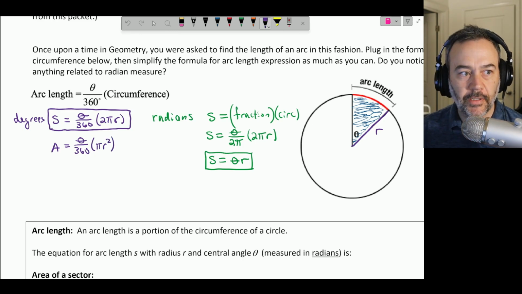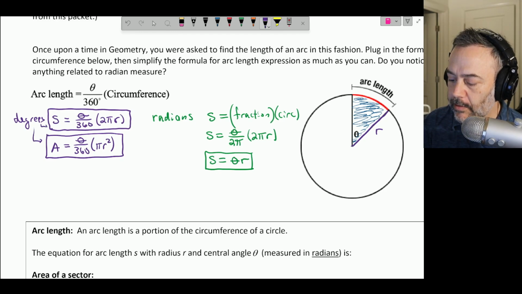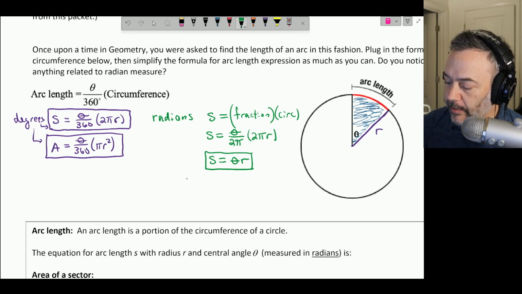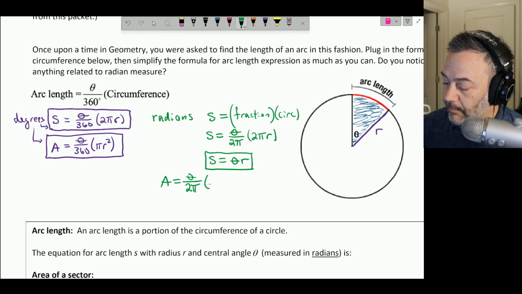So it is a fraction of the whole area. This is also in degrees. In radians, sector area is theta out of 2 pi. There's your fraction of the circle, that's the fraction that I've shaded, times pi r squared. So we get a nicer formula, which is theta r squared over 2.